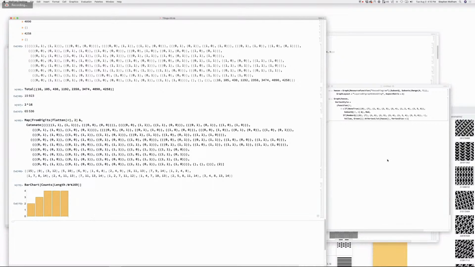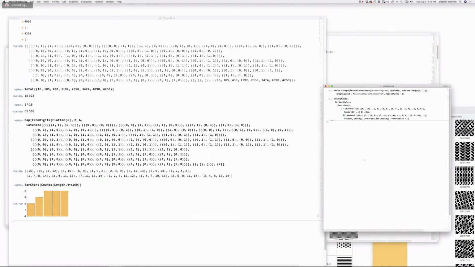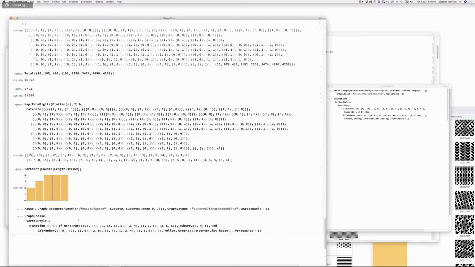Right? And so then, in this case, we will be doing this thing. This is, let's say, Hasse 4, this thing to 15. It's a slightly big creature.